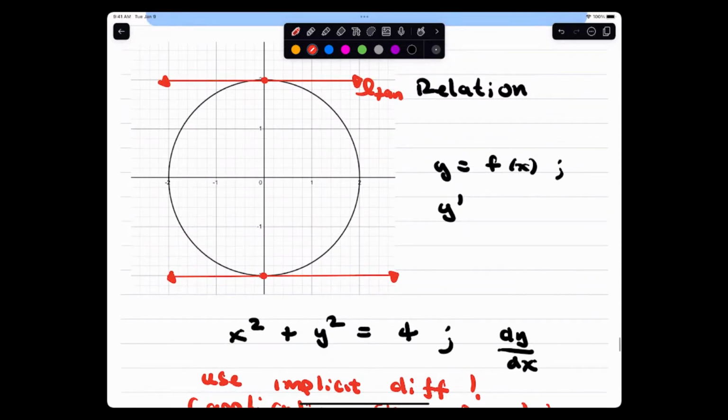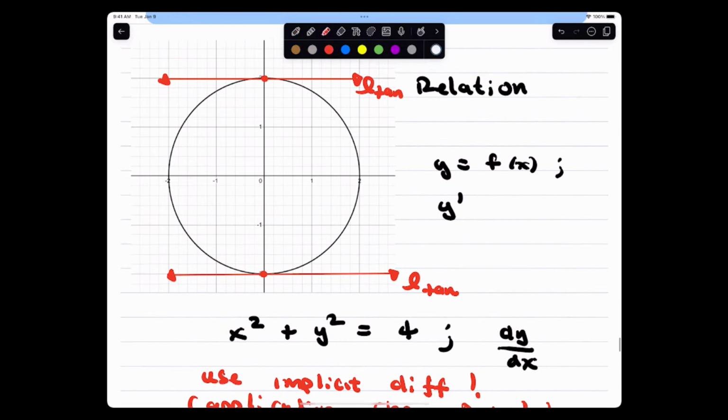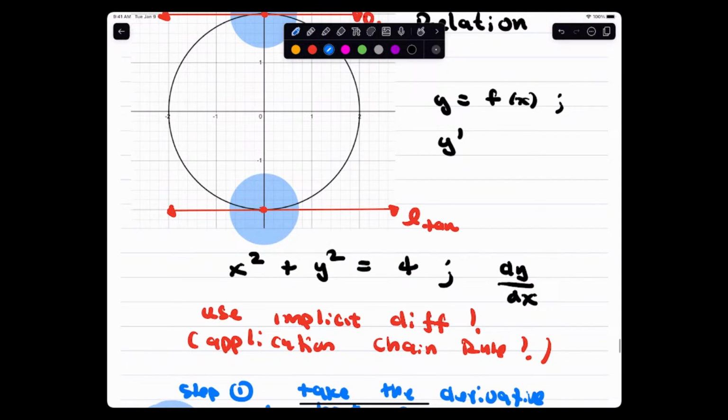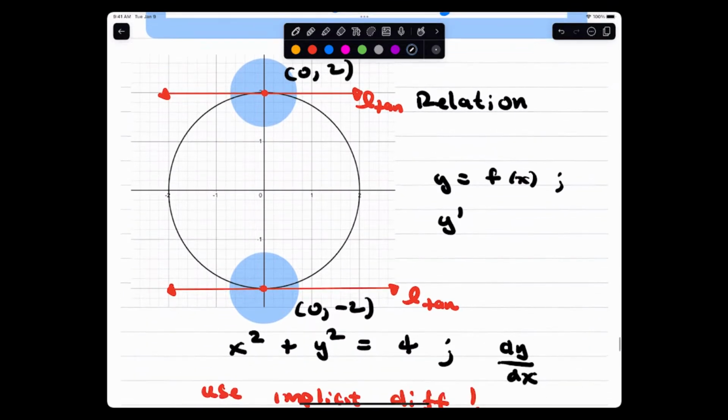Okay, so we can find horizontal tangent lines, those locations, meaning these addresses. And by the picture, what could you guys see? This is where x is 0, right? Y is negative 2. Here, this is where x is 0, y is 2. So graphically, I can find those horizontal tangents.